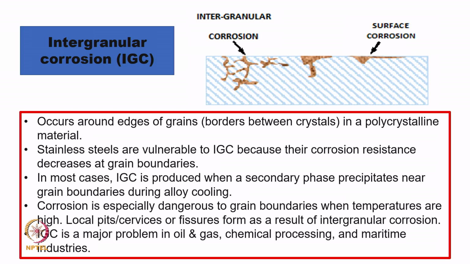What we call in this case is intergranular corrosion. In one of the previous lectures, we mentioned very clearly that most brittle materials fail because of weak grain boundaries, and it is the same thing here. If the grain boundaries are weak, quite possibly the corrosion will dominate.